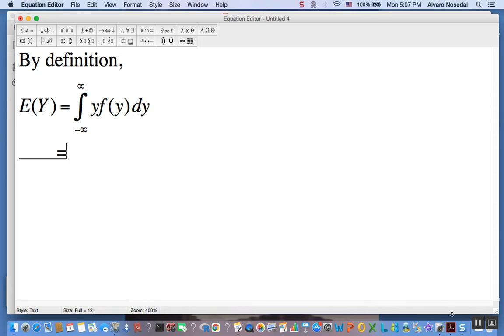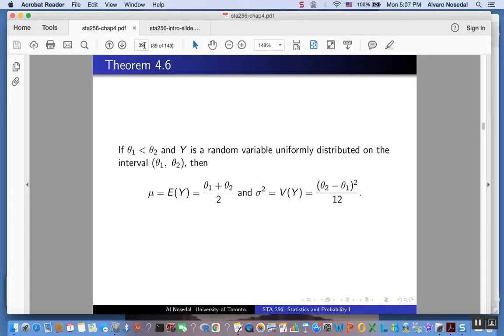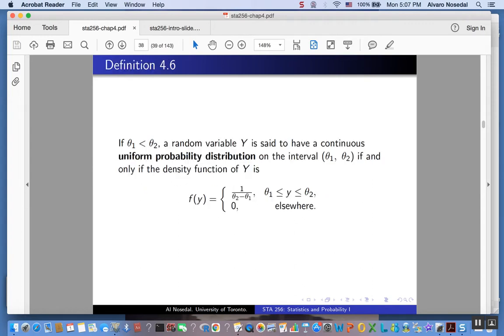Remember? Let me go back to the slide where we have the PDF: 1 over theta 2 minus theta 1 in the interval theta 1 to theta 2, 0 elsewhere.